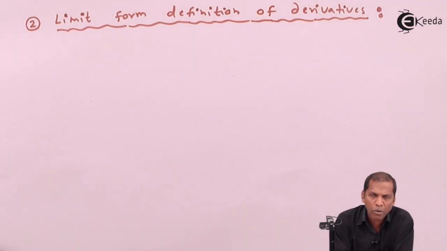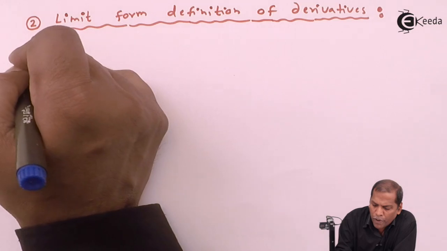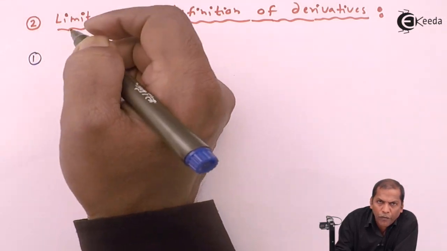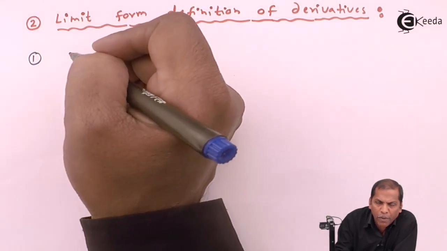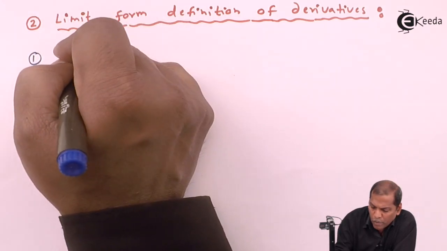Hello friends, now we see the subtopic 2, that is the limit form definition of derivative of chapter derivative. Number 1, first of all, dy by dx means differentiate y with respect to x.